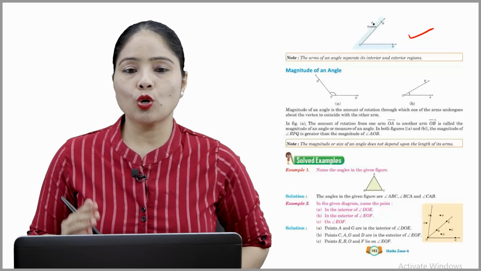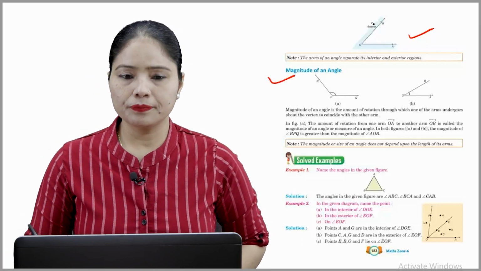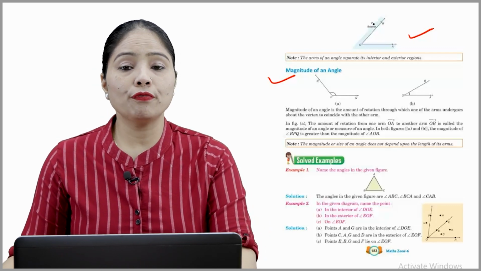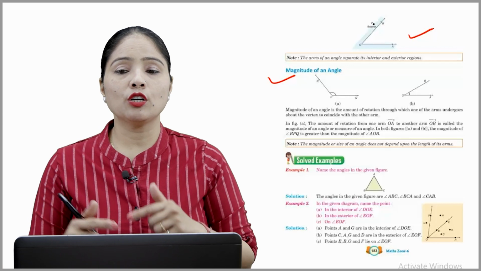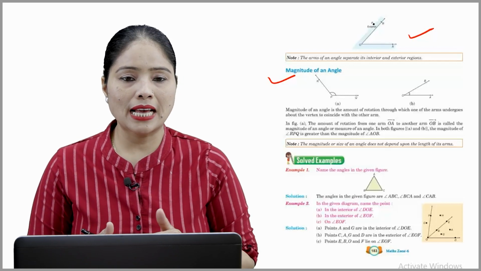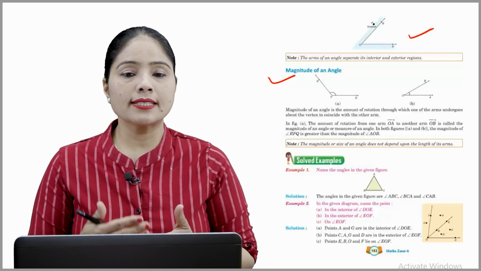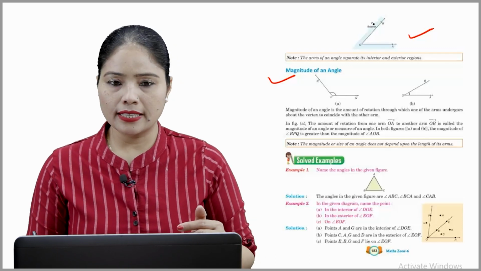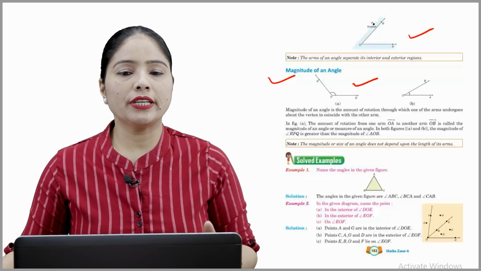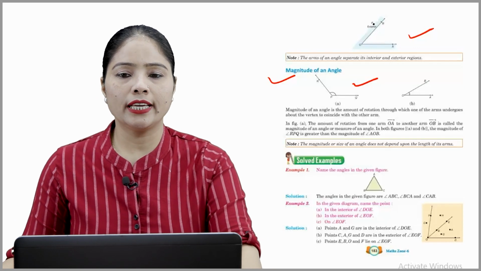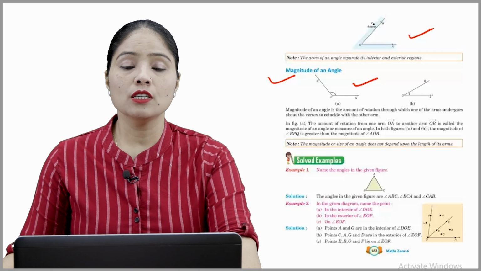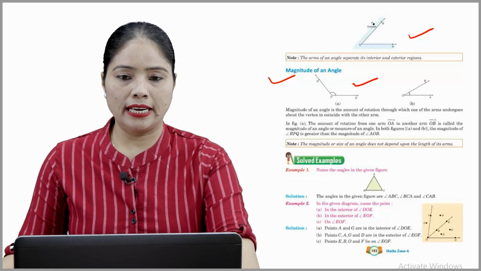Now magnitude of an angle, let's see. Magnitude of an angle is the amount of rotation through which one of the arms undergoes about the vertex to coincide with the other arm. In figure A, the amount of rotation from one arm OA to another arm OB is called the magnitude of an angle or measure of an angle.